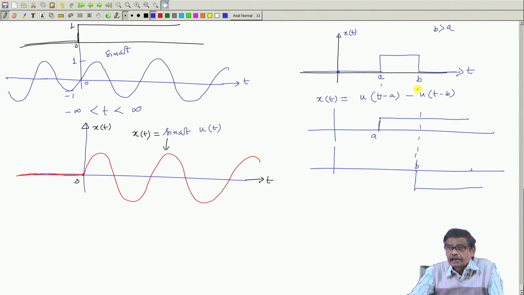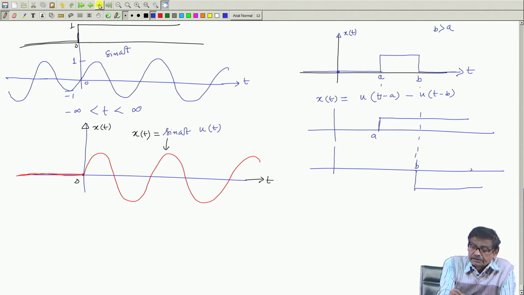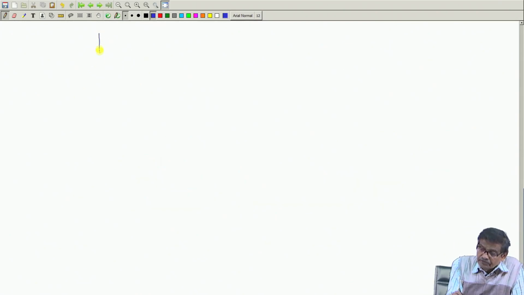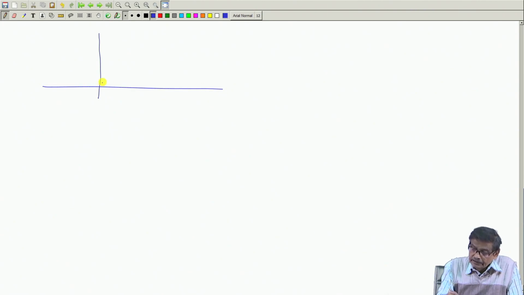So many functions can be represented in terms of, say, unit step function or ramp functions, things like that. For example, I will give you another interesting example. Suppose I say that a function is like this, a triangular pulse.